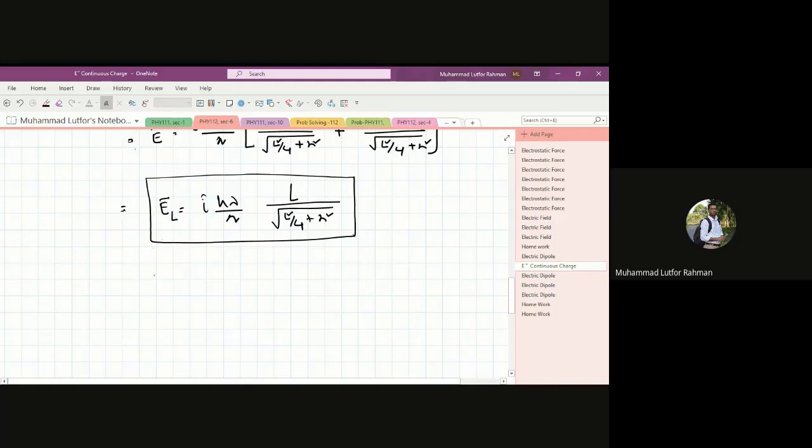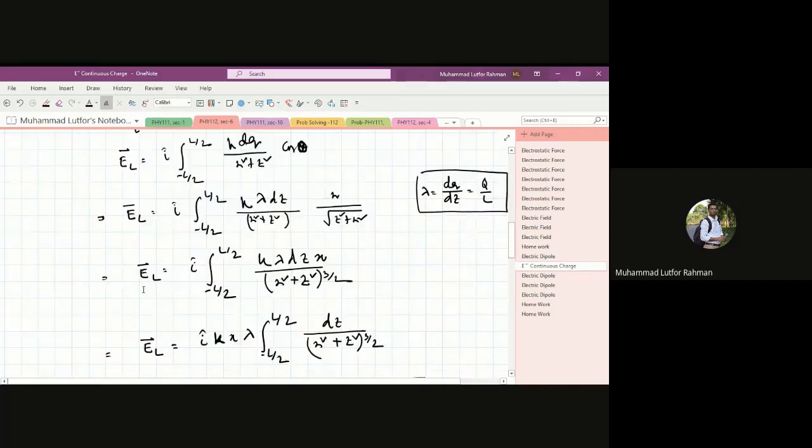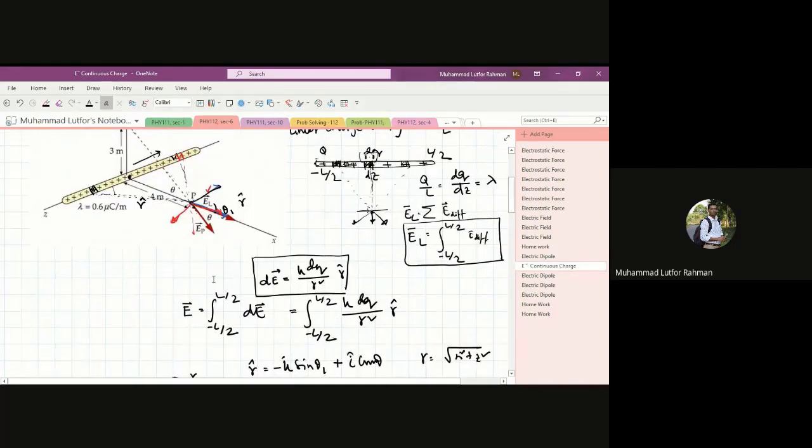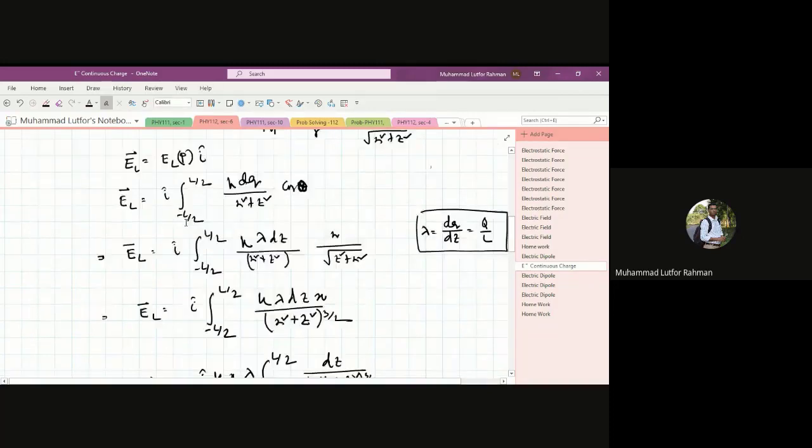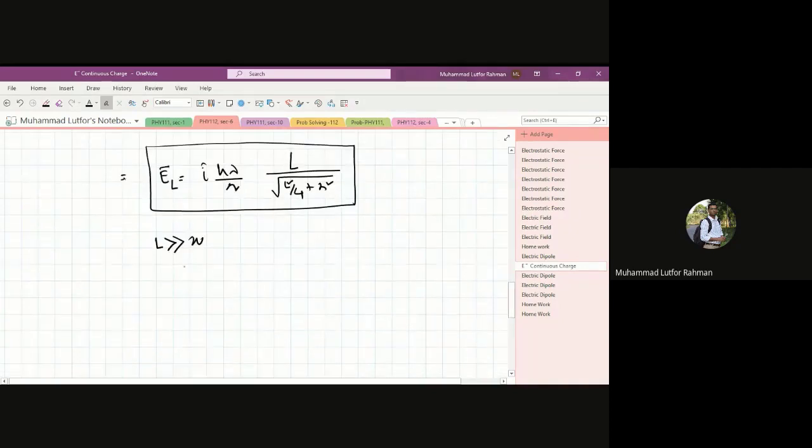So infinitely long means I can say L is much greater than x, right? This line of charge is infinitely long, so it's going to that direction. With respect to that length, we can neglect the distance x over there. So if L is much greater than x, what can we modify?